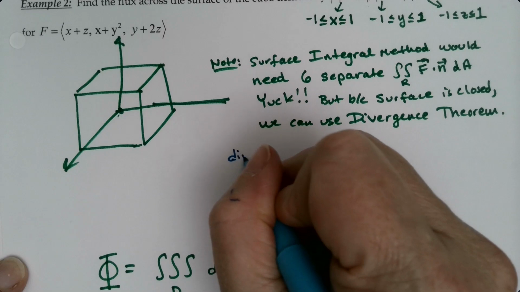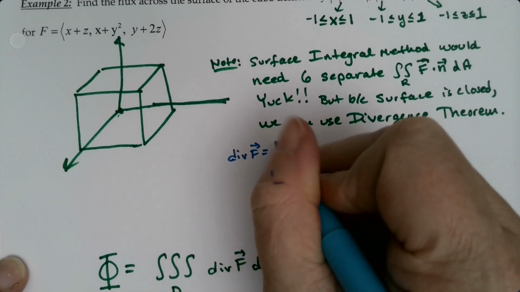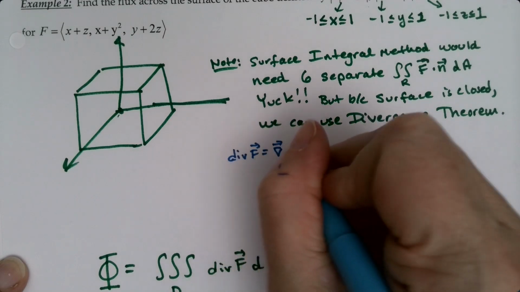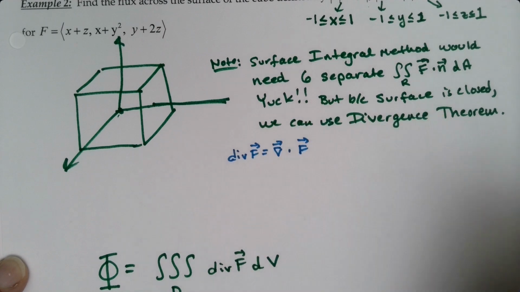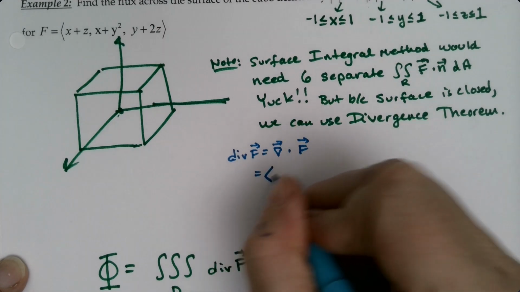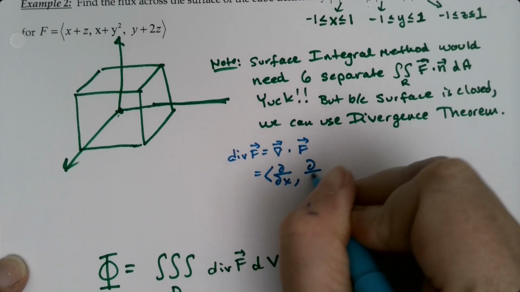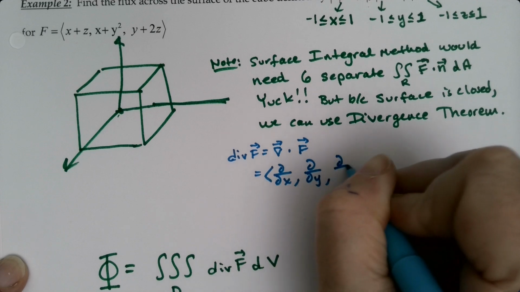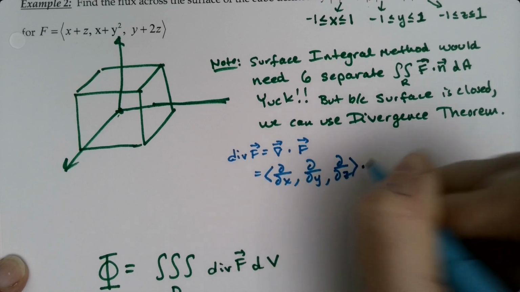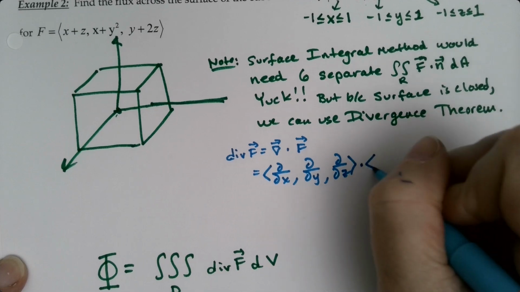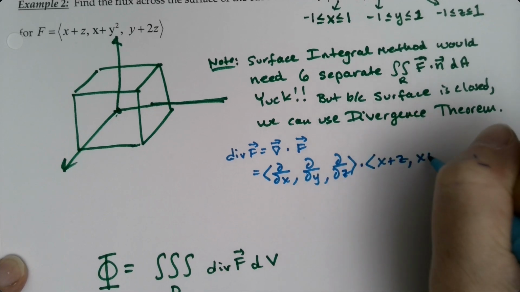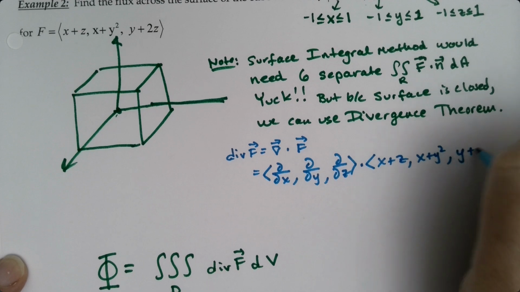The divergence of F is equal to the del operator dot product with that vector field. So that'd be the partial with respect to x, the partial with respect to y, the partial with respect to z, dot product with x plus z, x plus y squared, y plus 2z.